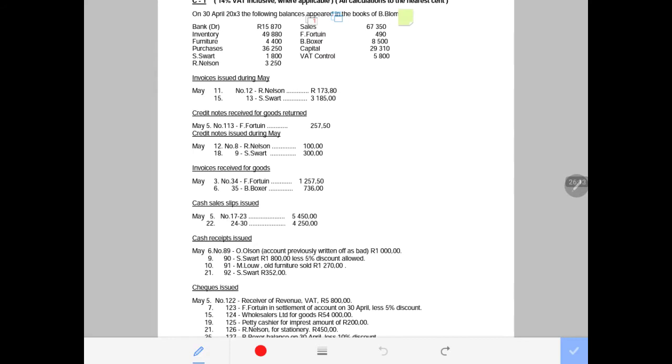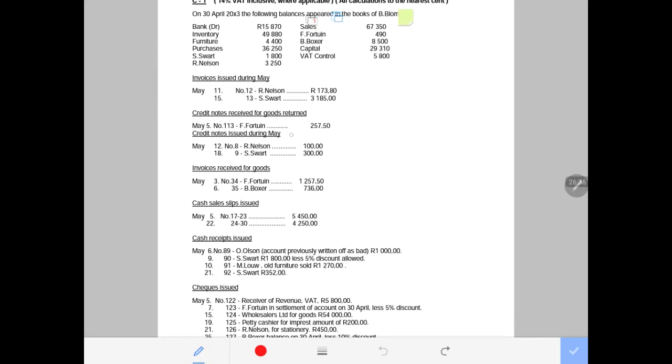Sales took place before, then the customer returned. So a credit note that is issued is when the customer returned inventory and we issue the credit note to the customer. Previously, when we had the credit notes that were received for goods return, we clearly explained that, and also the invoice that took place during the year.